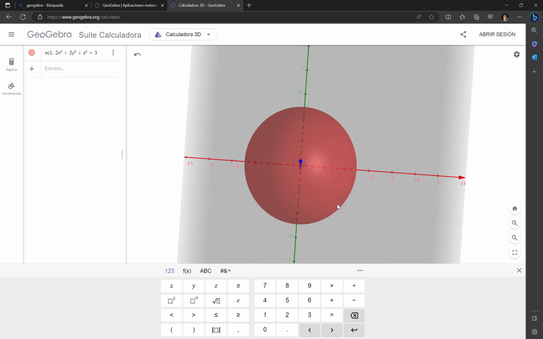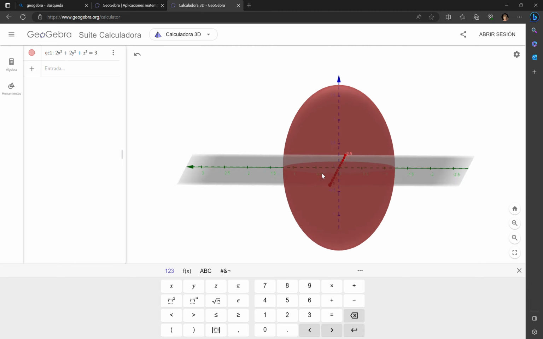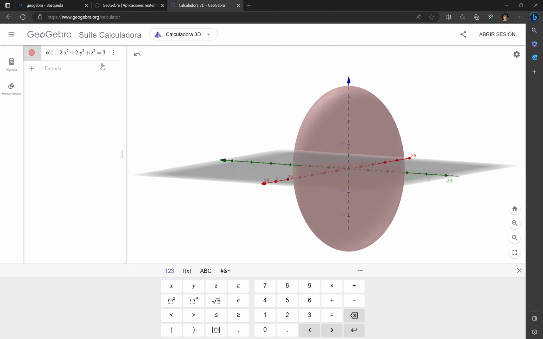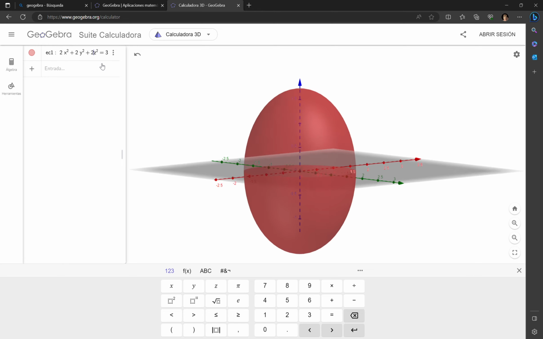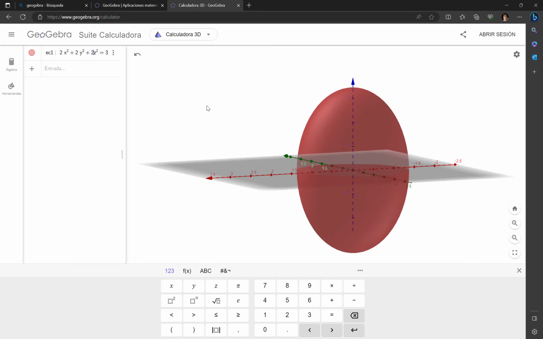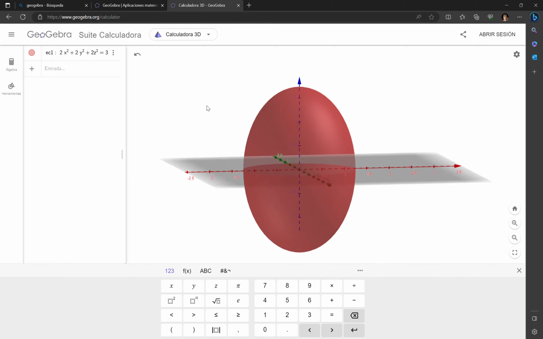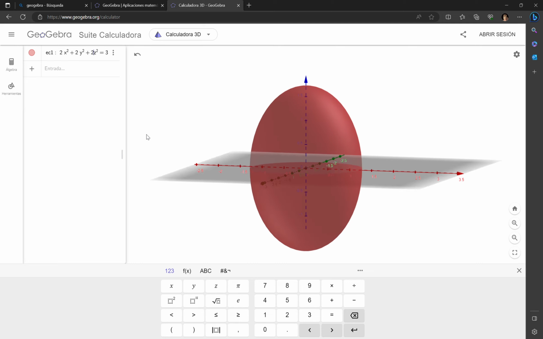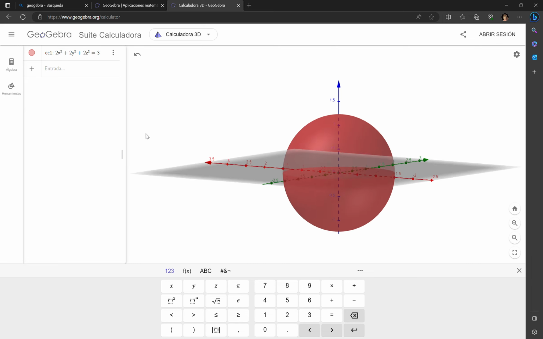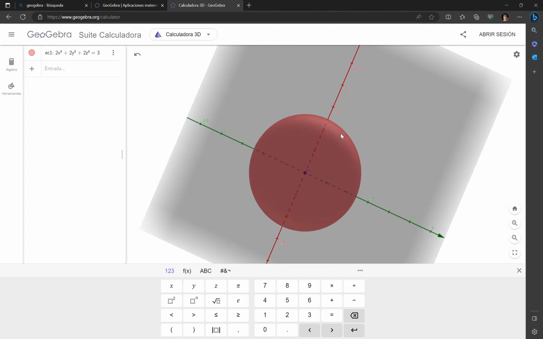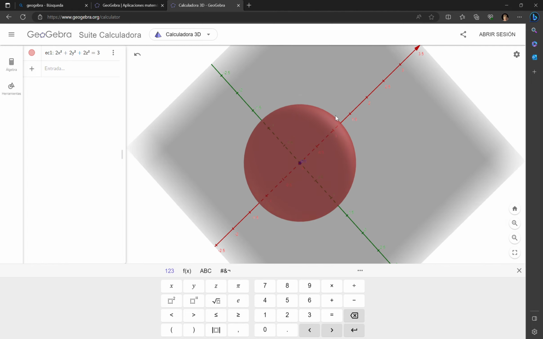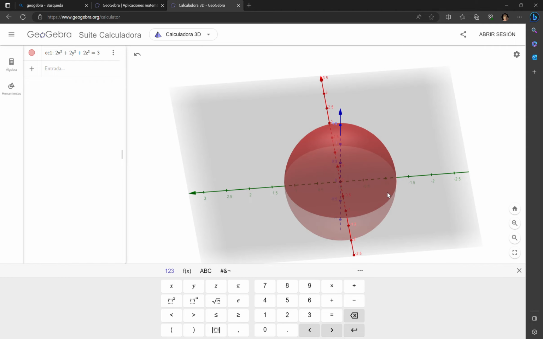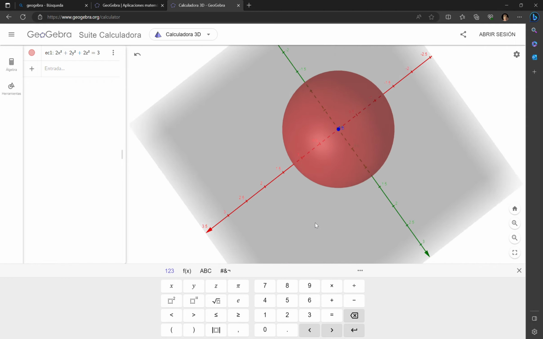But if we write the same number instead, 2, the equation is 2x squared plus 2y squared plus 2z squared equal 3. It equals a sphere.